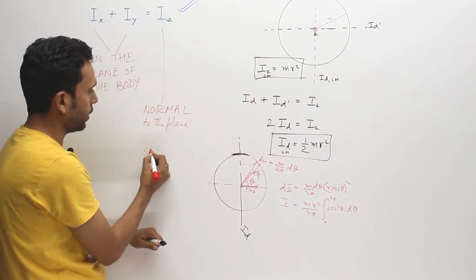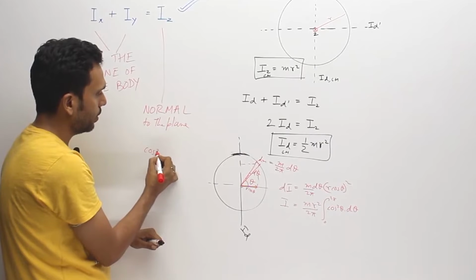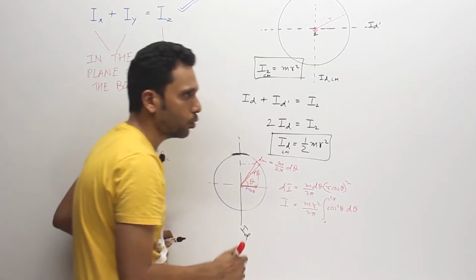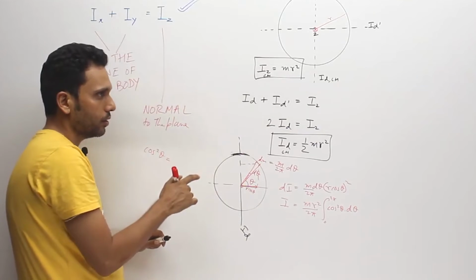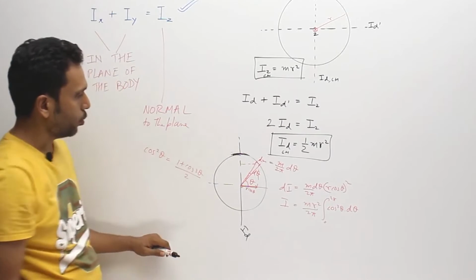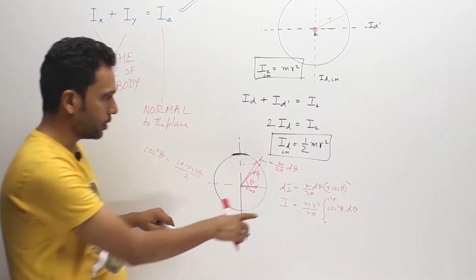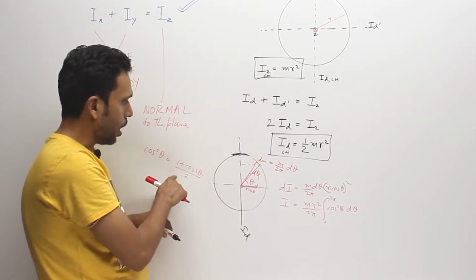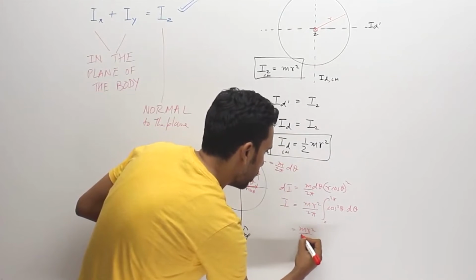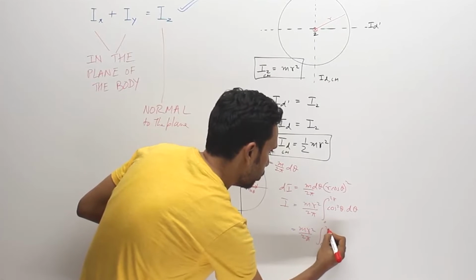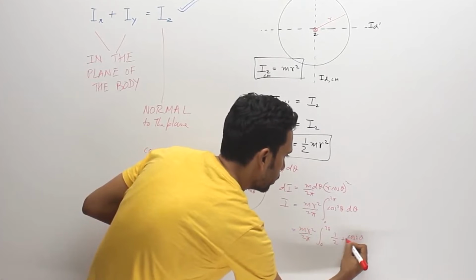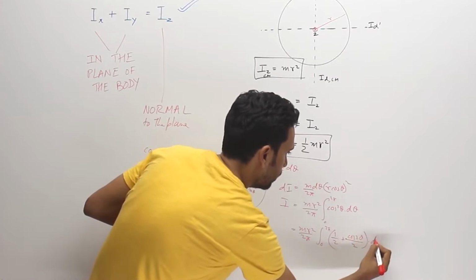We wrote cos square theta in linear angle using the fact that cos 2 theta is equal to 2 cos square theta minus 1. So we had cos 2 theta plus 1 divided by 2 as our cos square theta. So this we can also write as half plus cos 2 theta by 2. So what we will have is MR square by 2 pi, integral 0 to 2 pi of 1 by 2 plus cos 2 theta by 2 d theta.